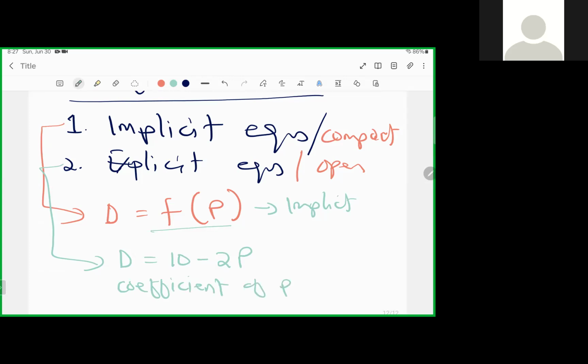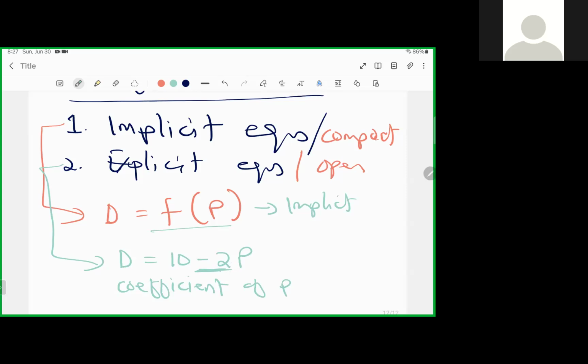And what is that coefficient? The coefficient is the number attached to the factor, or the number attached to something. So here, this number is -2. It is attached to price.